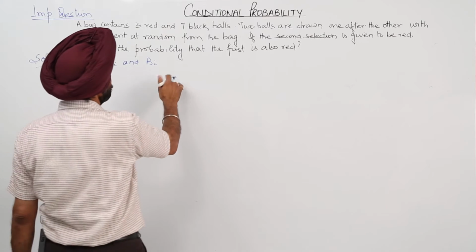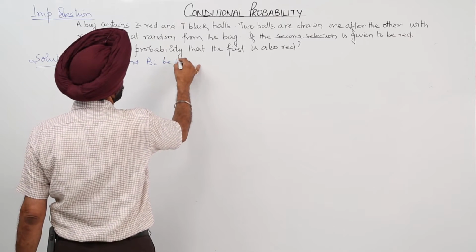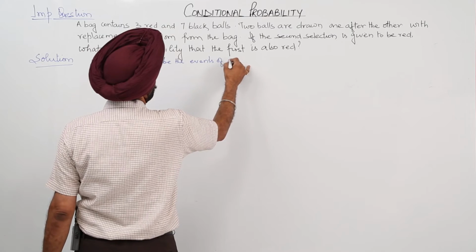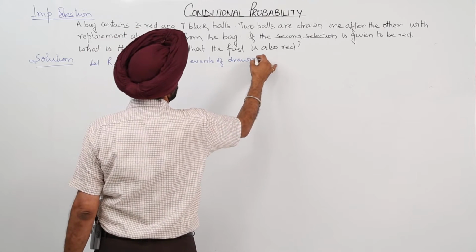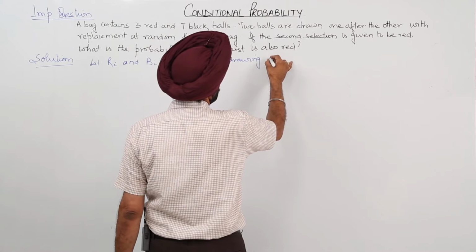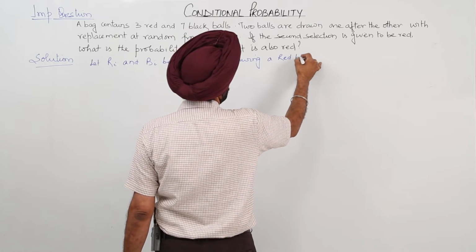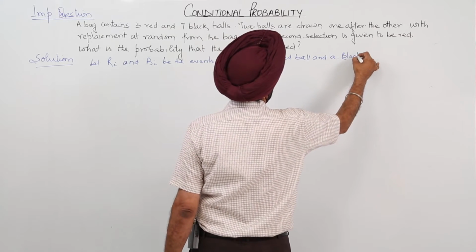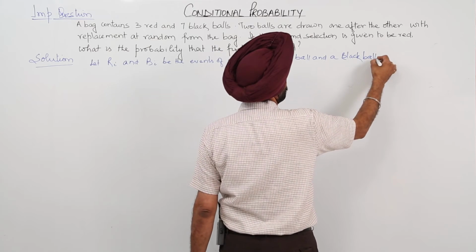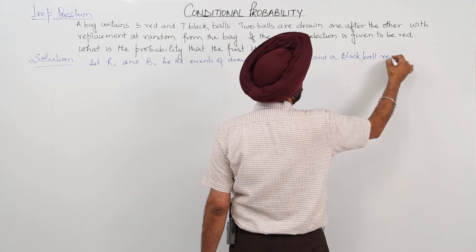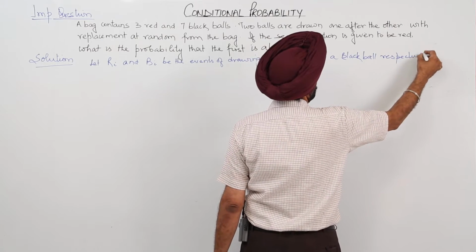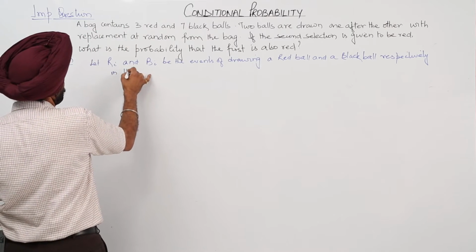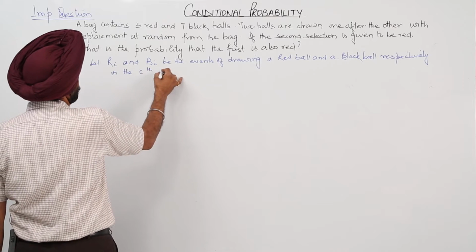So Ri and Bi be the events of drawing a red ball and a black ball respectively in the ith draw.